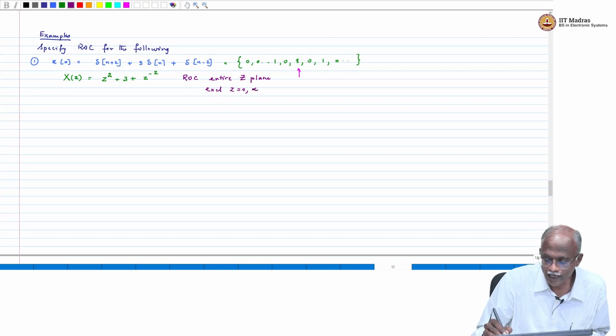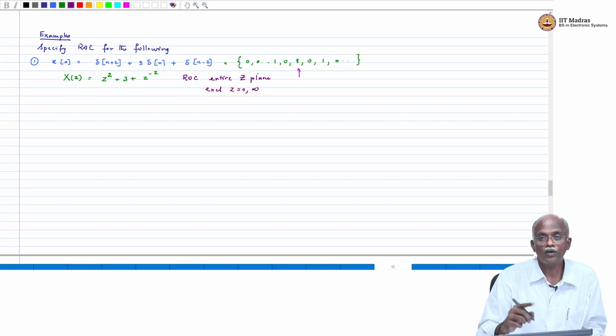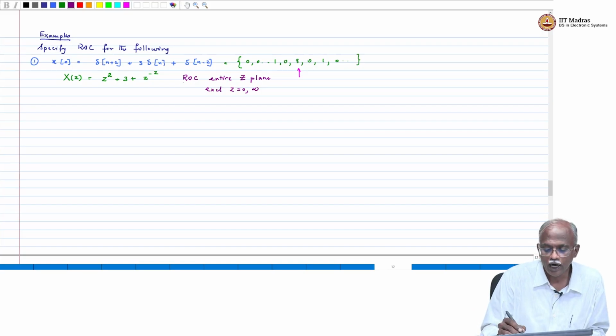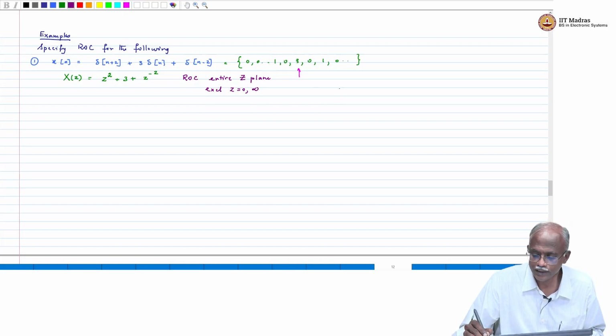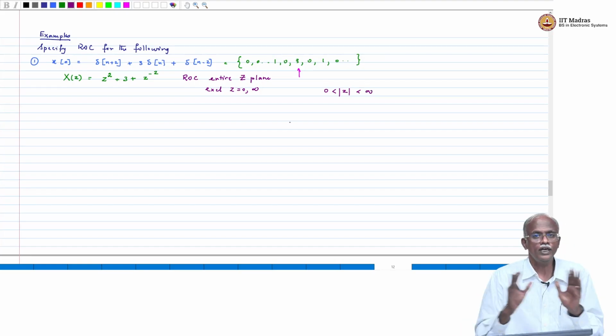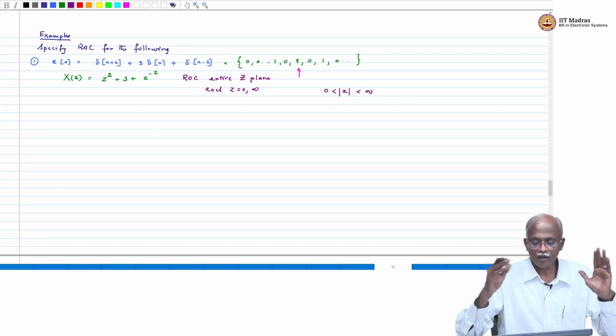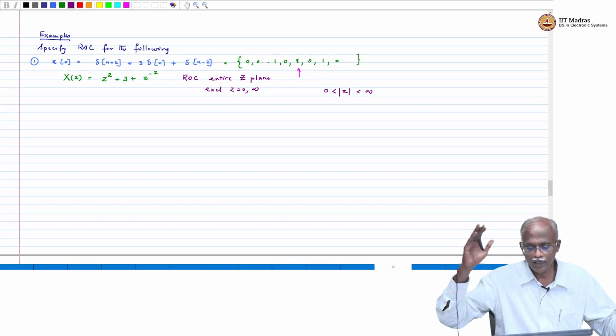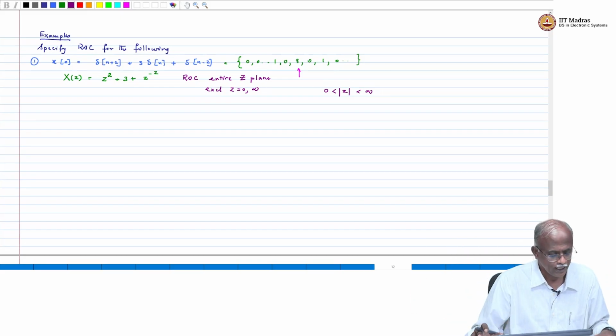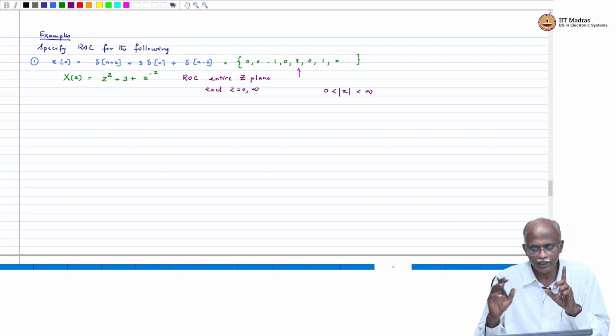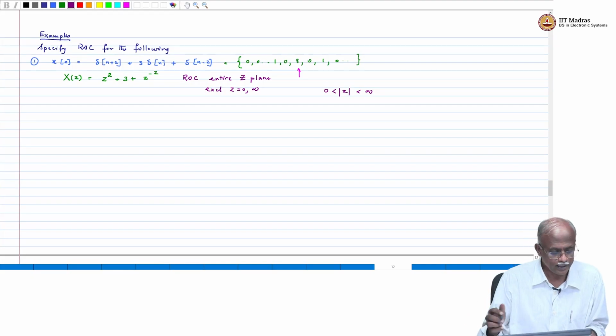So you have to exclude both the values. So how will you write the region of convergence? Mod z strictly greater than 0, strictly less than infinity. That's an expression for the entire z plane, but 0 is excluded, infinity is excluded. So that would be a way for you to remember and apply the z transform.